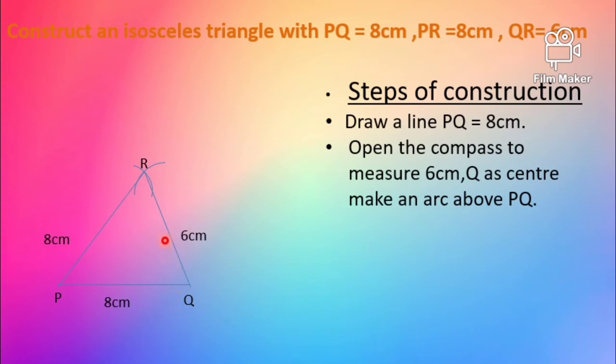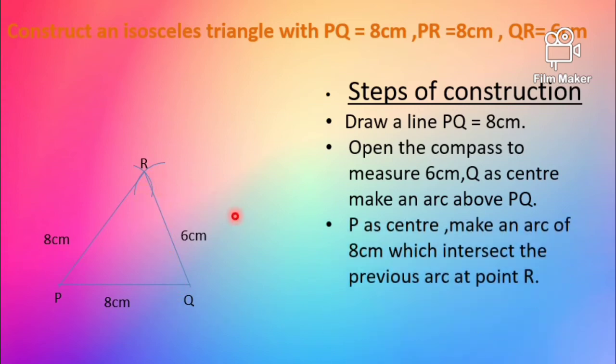Then in the next step, with P as a center, make an arc of 8 centimeter which intersects the previous arc at point R.